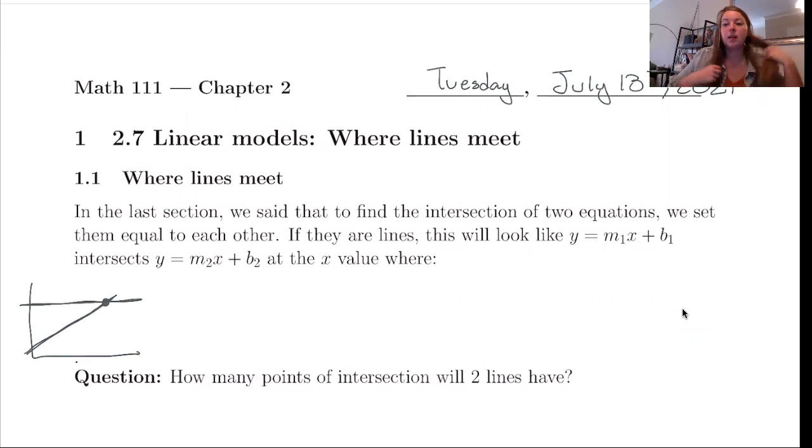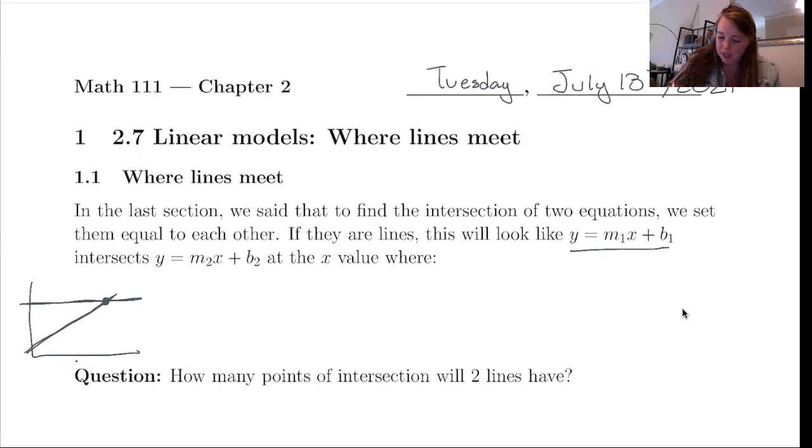So when we say we want the output to equal that amount, that's kind of what we're talking about, right? If they're lines, this will look like y equals m1x plus b1 intersects y equals m2x plus b2 at the same x value. If they're intersecting, they have that same point x, y.